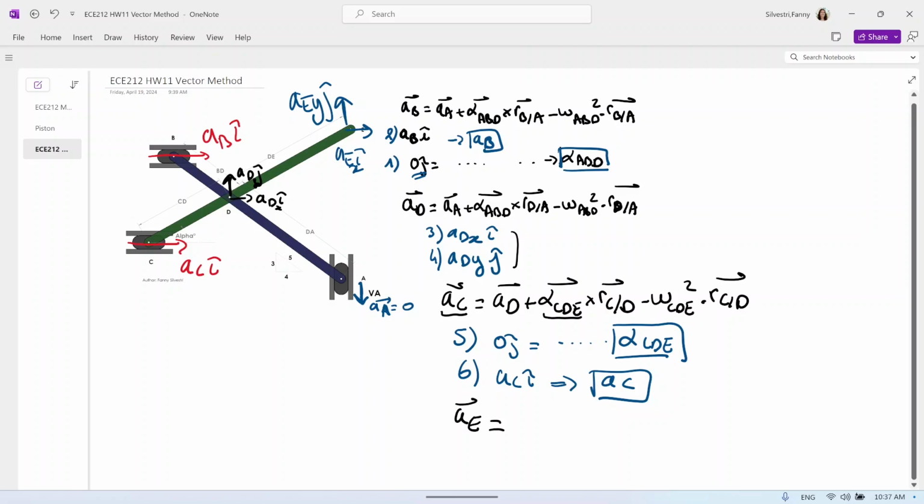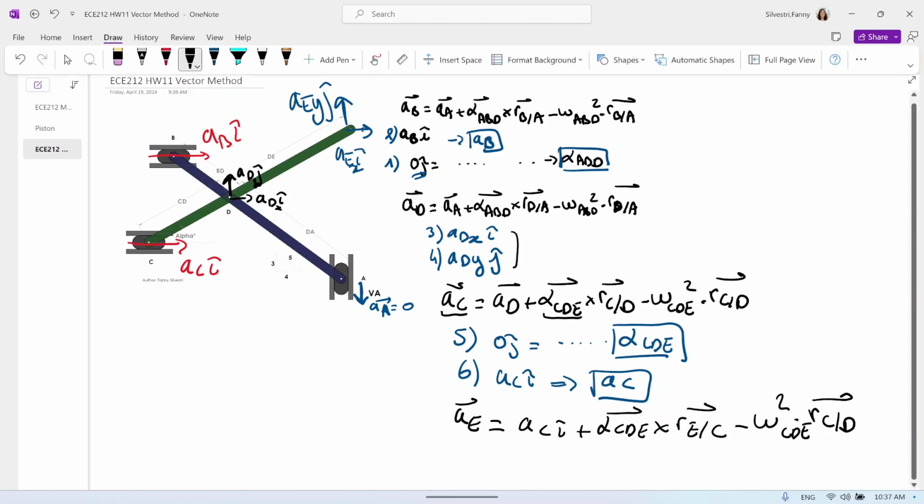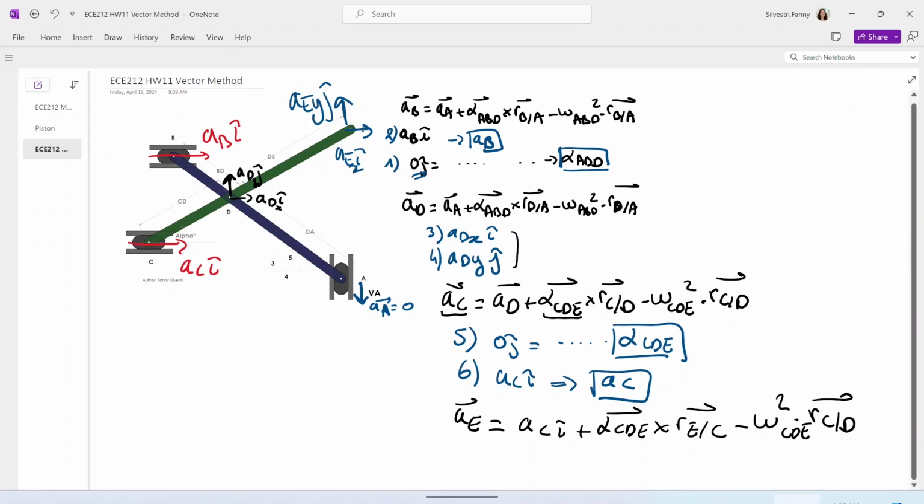AC is maybe a bit easier because it's just on I hat, but that doesn't matter. Plus alpha CDE that you now know, cross RE about C, minus omega CDE square RE about C. And with this one, I know that's a lot of steps, step 7, we find AE on I hat, and step number 8, AE on J hat.